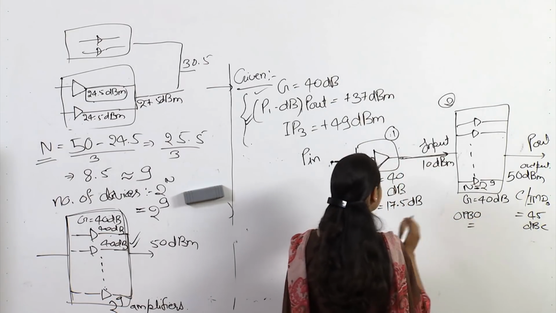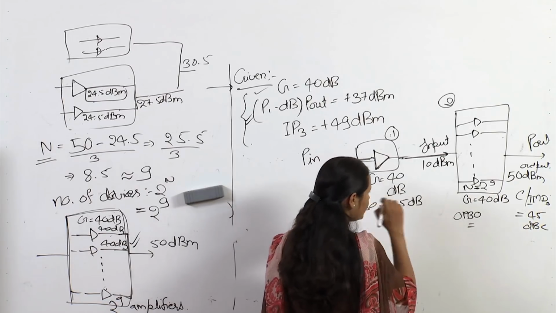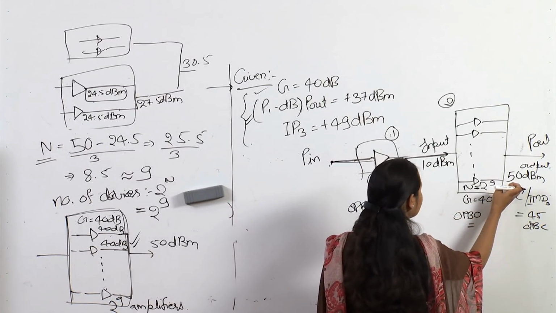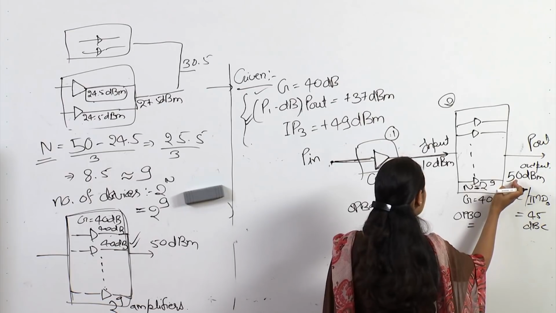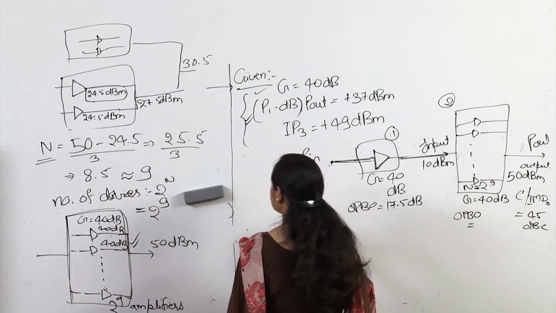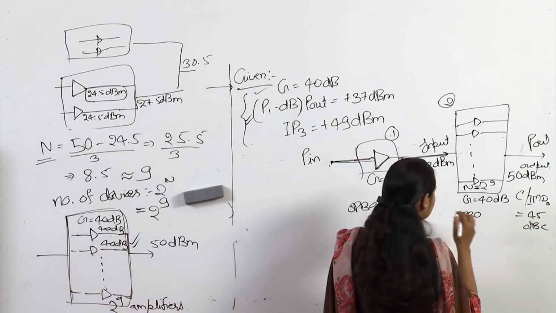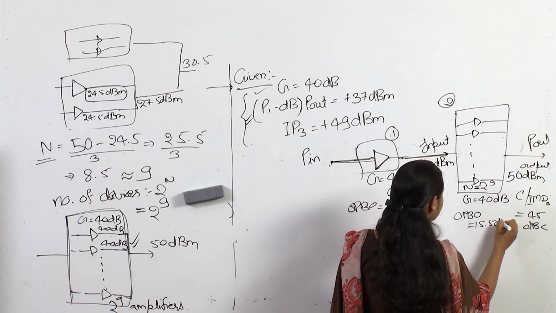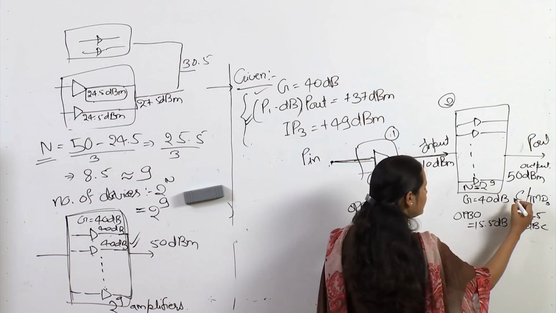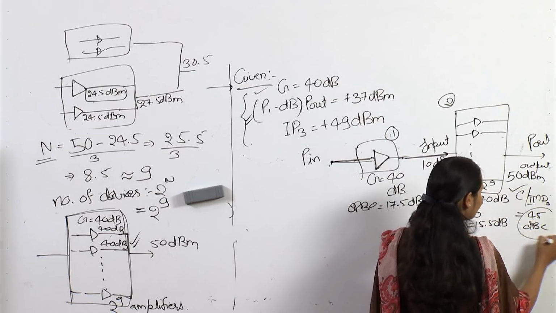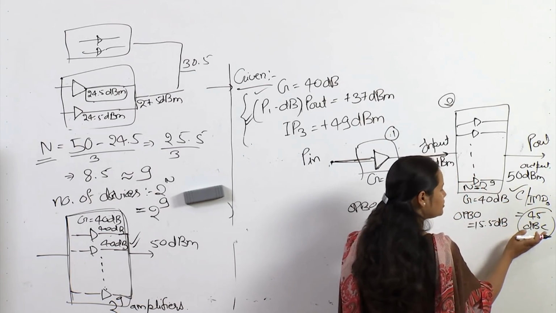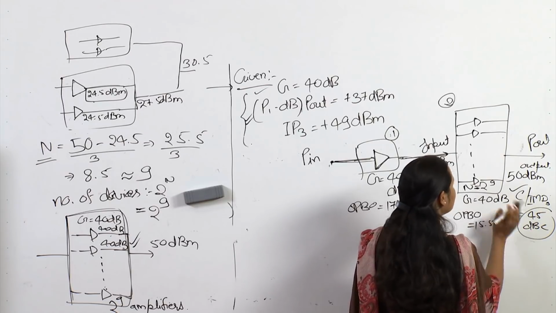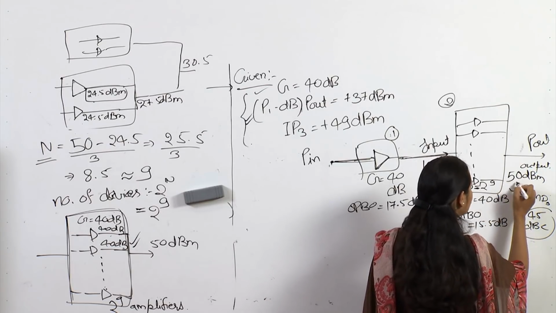For the previous stage it was 50 minus 12.5, so I think it was 15.5 dB. We are maintaining C by IMD3 of 45 dBc because we have done our calculation for keeping this linearity requirement, and we are getting our output requirement of 50 dBm.